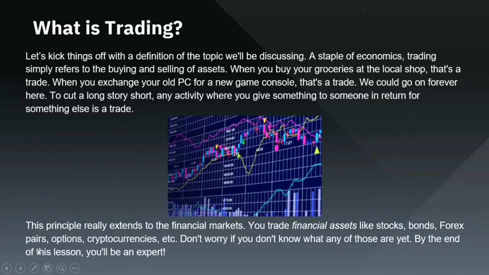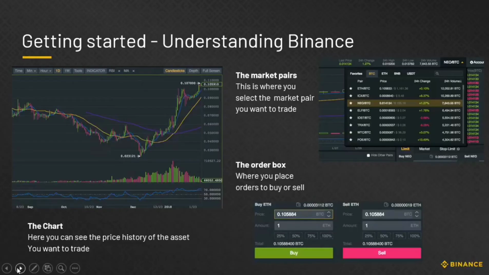It's the same principle as the trading you all know. Just that in the financial markets, what we are dealing with is not groceries, clothes or shoes, but cryptocurrencies, forex, bonds, or stocks. So you give your cryptocurrency to someone else, and the person gives you another cryptocurrency in return. That's a trade.